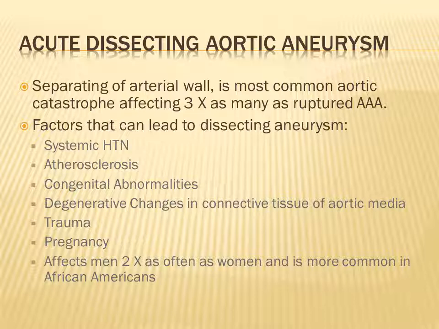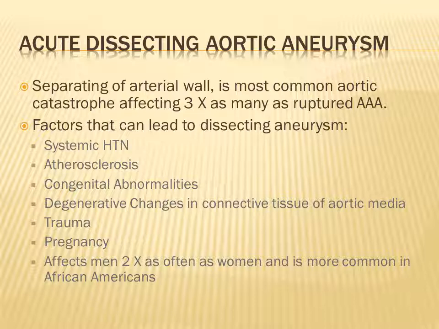The acute dissecting aortic aneurysm, so this is the aorta of your heart, is 3 times as common as a ruptured abdominal aortic aneurysm. So what are some factors that can lead to it? I've talked to you about this before.